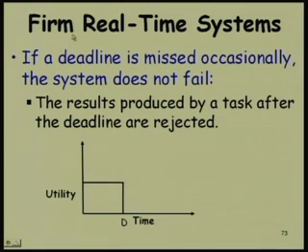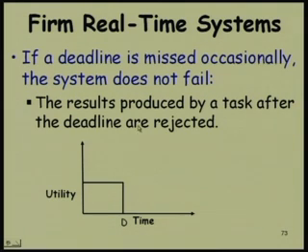We had seen another category of tasks, the firm real time tasks. Here again we have timing constraints associated with the tasks, and if one or a few timing constraints are missed, then the system does not fail.